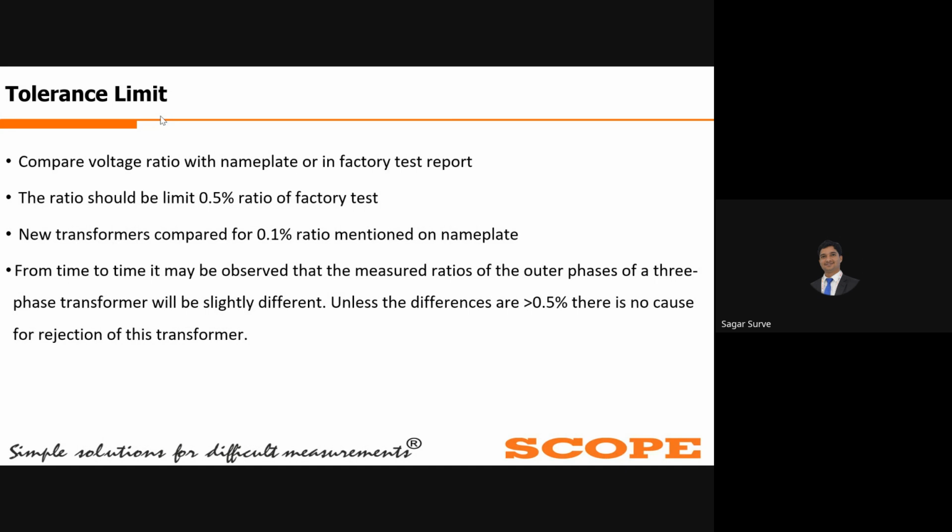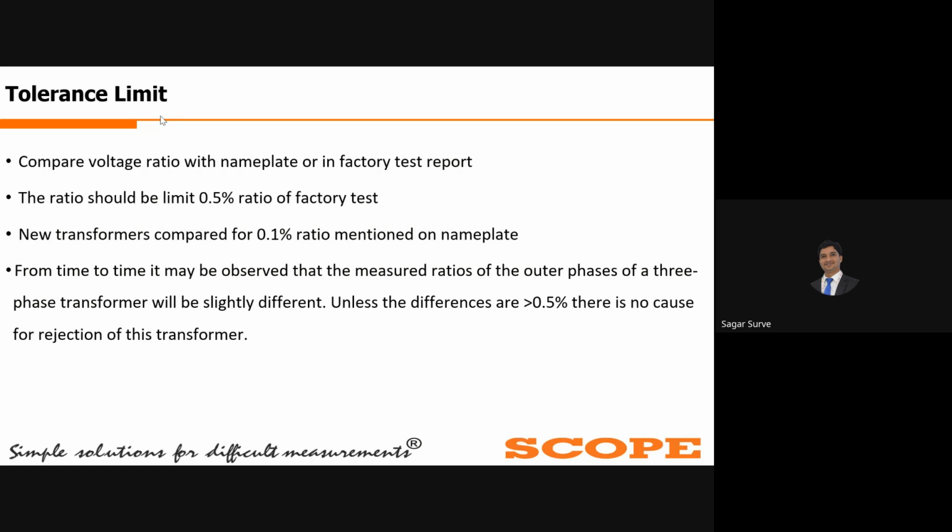Now we are coming towards the tolerance limit. As recommended by the standards, the ratio should be within 0.5% of the factory test result. We have to conduct the test in the field and compare the field result with the factory test result, and it should be within 0.5% of the factory result. If it is a new transformer, it can be even better, it can be 0.1% also.